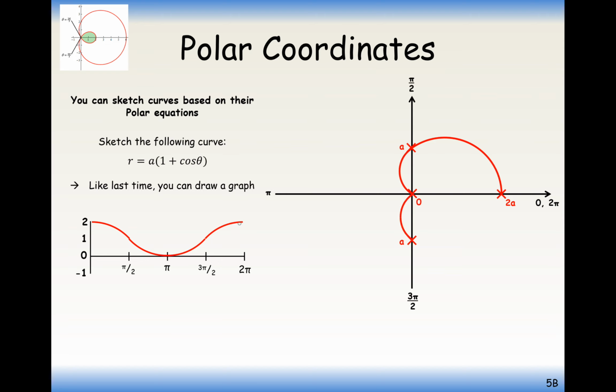And then in the next section, it will go from a radius of 1 to a radius of 2, and it will effectively form the same kind of shape as it did on the top. And this shape here is called a cardioid type shape. So 1 plus cos theta is a cardioid shape. And if you just rotate your neck to the right a little bit, you'll probably see a nice little love heart shape.